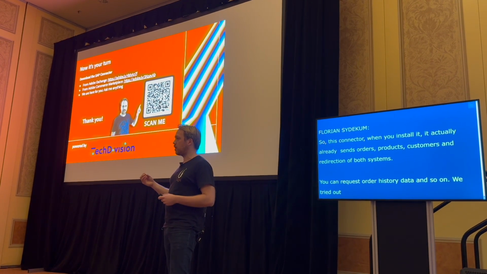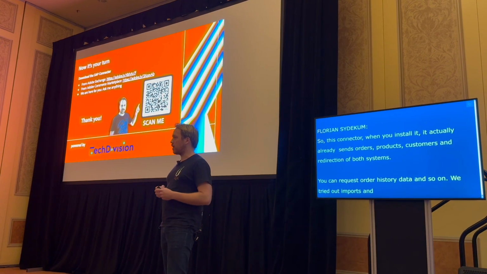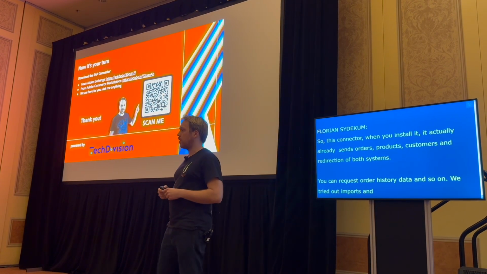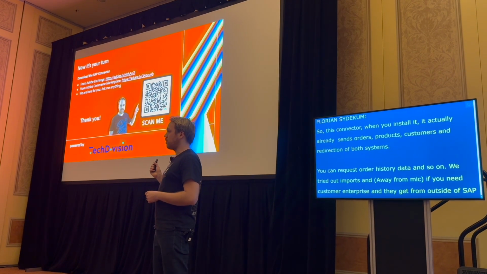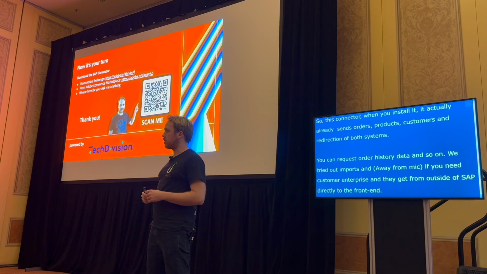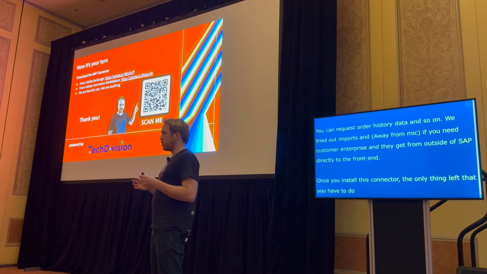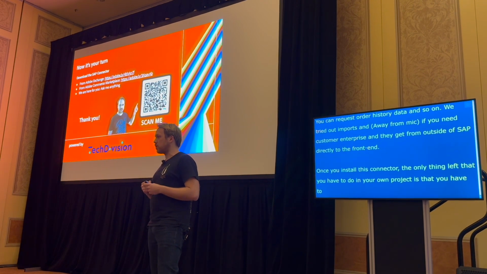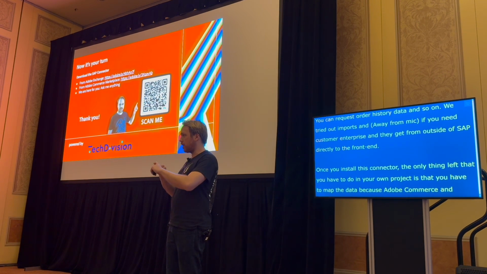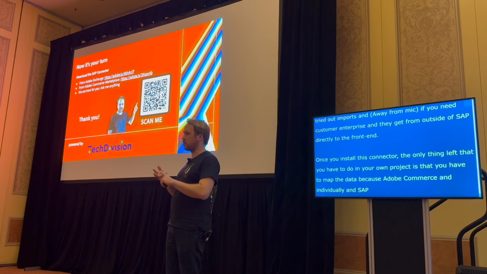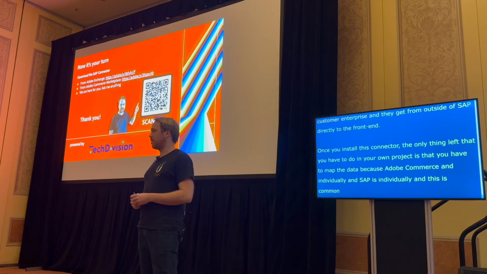So for example, if you need customer individual prices in the front end, they get from outside of SAP directly to the front end. Once you installed this connector, the only thing left you have to do in your own individual project is that you have to map the data, because every Adobe Commerce is individual, every SAP is individual. So this is common data, like common SKU, common attributes like image, description, and so on. But of course, your own next project has individual data.